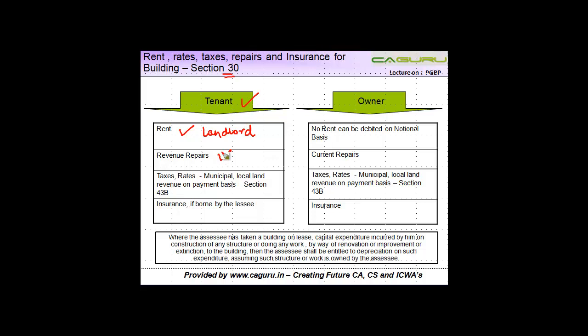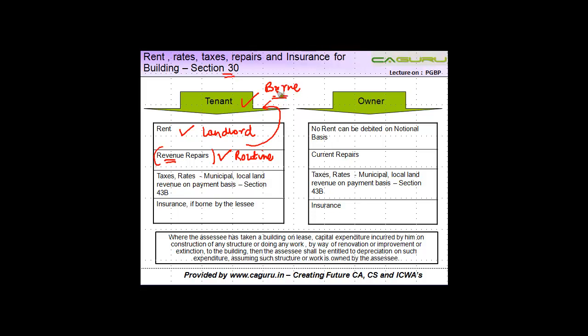Revenue repairs. What does this mean? This basically means some routine recurring repairs, okay, which are revenue in nature. A tenant is not going to undertake capital repairs in normal circumstances, right? And revenue repairs to the extent that these are borne by the tenant.